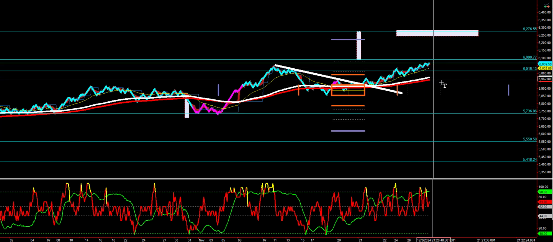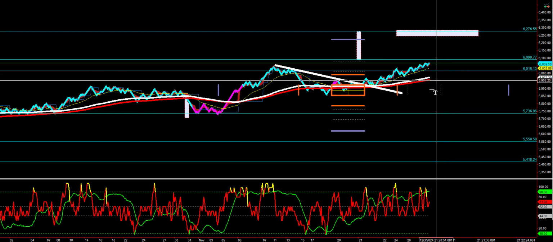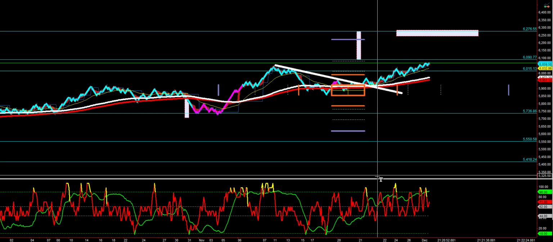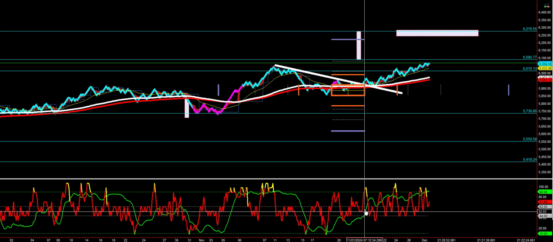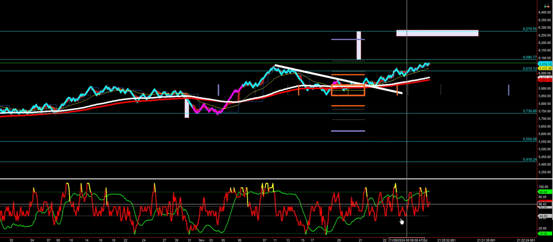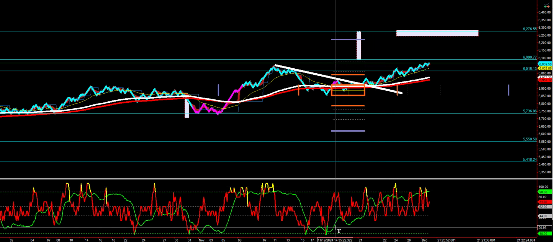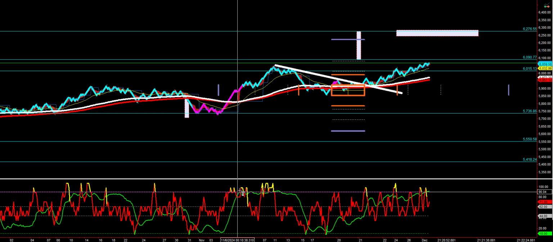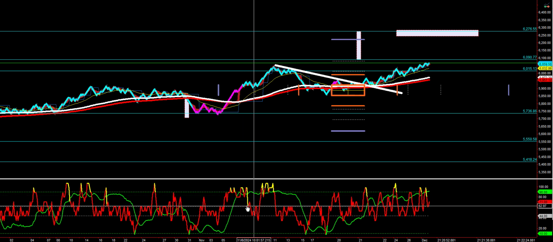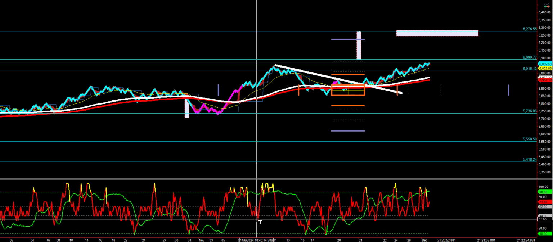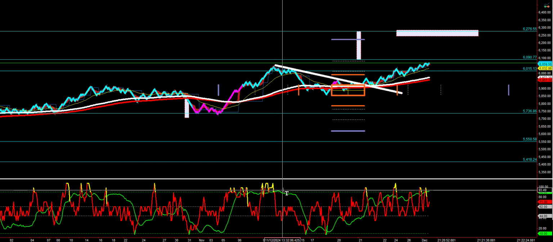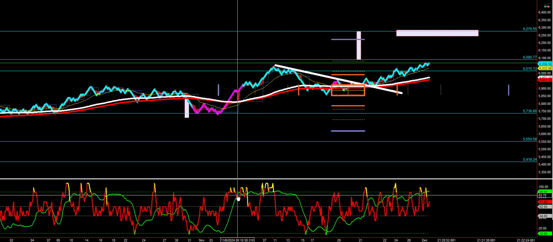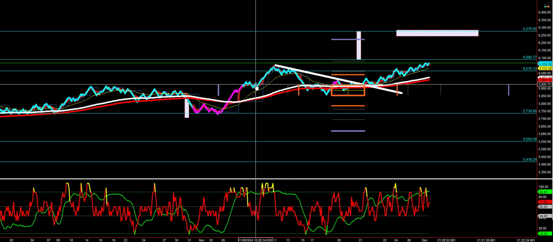Now there will be a pullback, rotation, and eventually we're going to hit here, make a new high, and there it goes. And if you see this oscillator, just like here, it took off, gave you a pullback reaction because the pressure is high, as seen by the green line. This is a pullback, and this is a pullback.